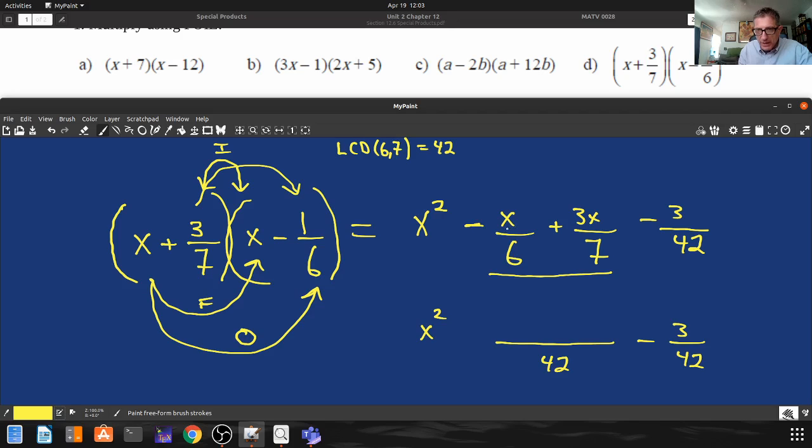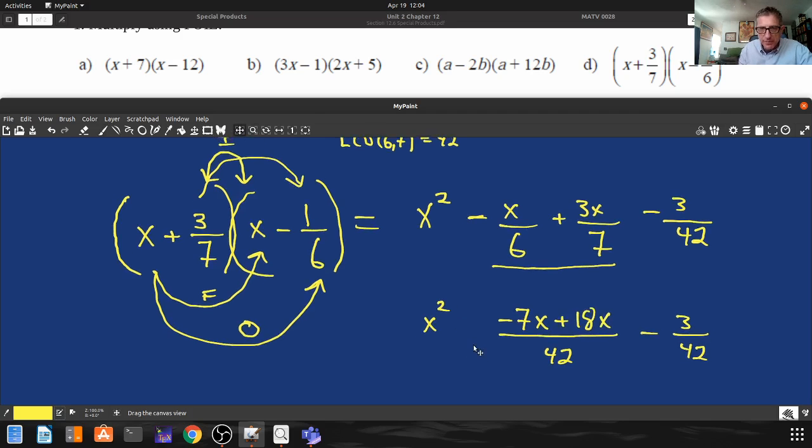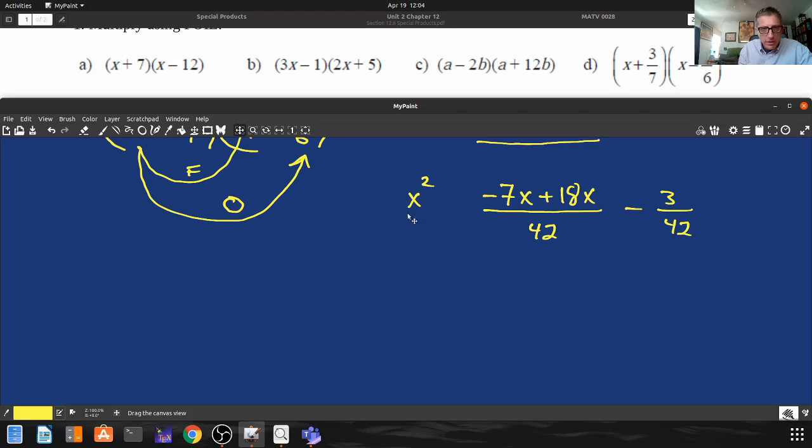So what I do is now I multiply, since this is a product, 42 divided by 6 is 7, and 7 times minus x is minus 7x. 42 divided by 7 is 6, and 6 times 3x is plus 18x. So now all we have to do is simplify. So this is going to be a plus right here. It's plus all of this term.